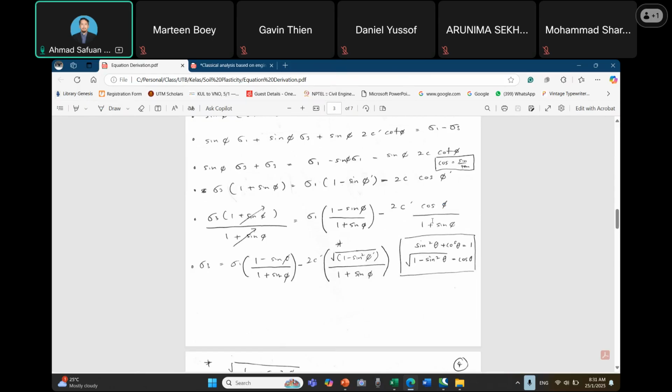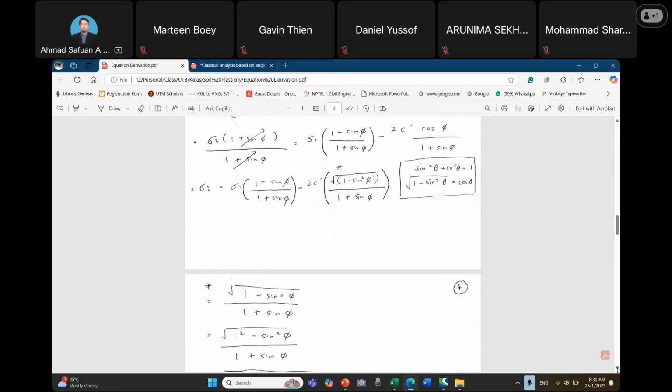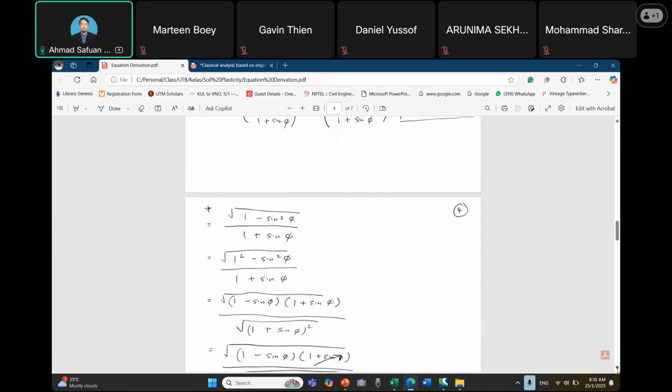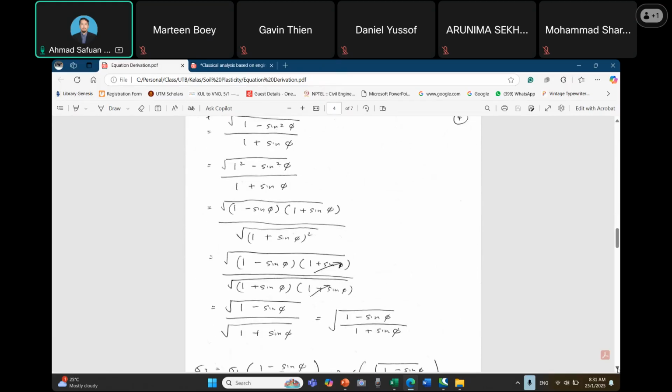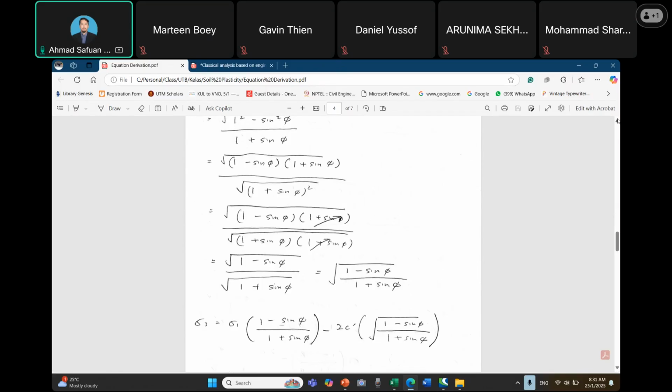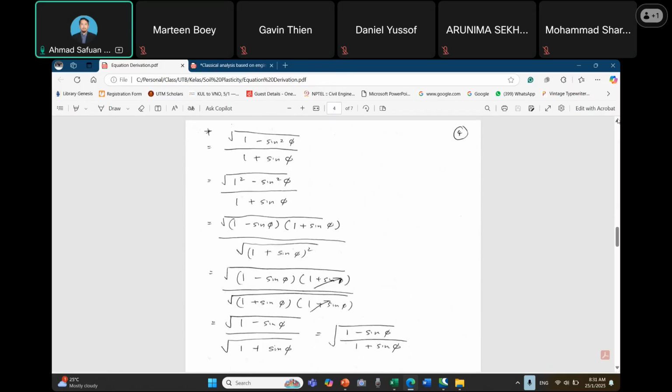Then this is the trigonometry identity. I work on this trigonometry identity, and you can go into detail later on on how the process works.